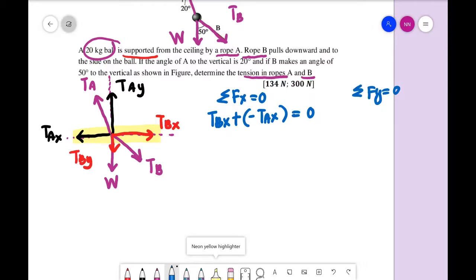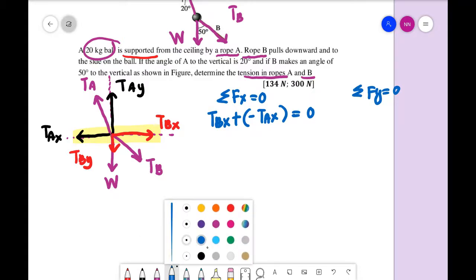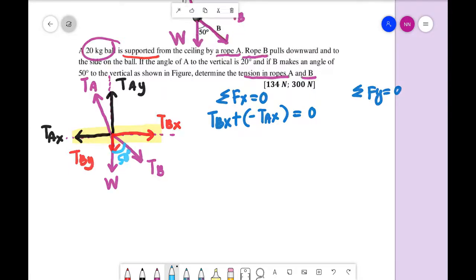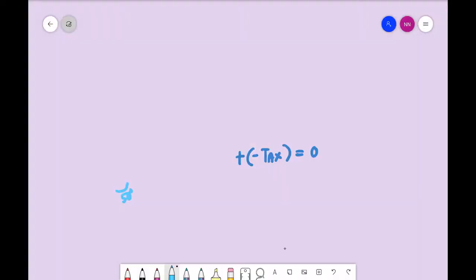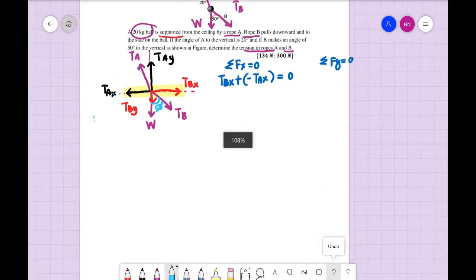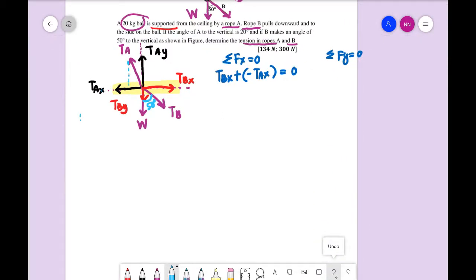Alright, so we can relate. The angle theta is here, 50 degrees, and then 20 degrees is at this area, so it is equivalent with this one.